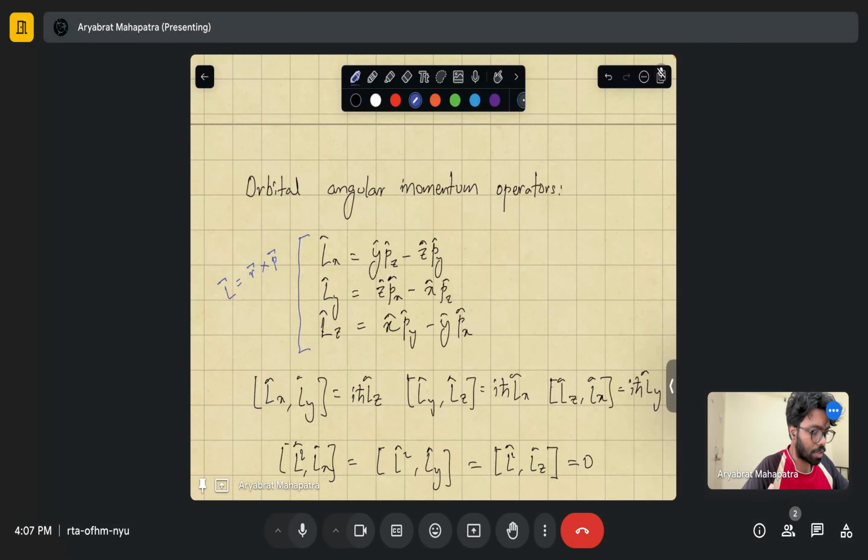An important thing about orbital angular momentum is that it has a very special kind of eigenfunction: they give you spherical harmonics, which are something very interesting.